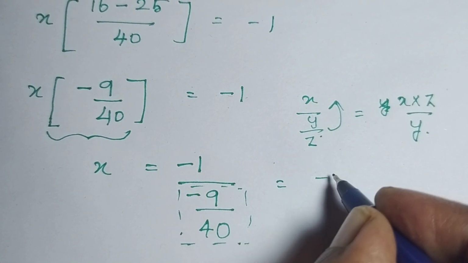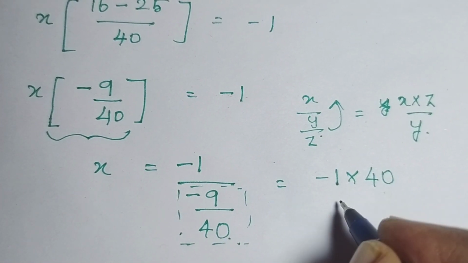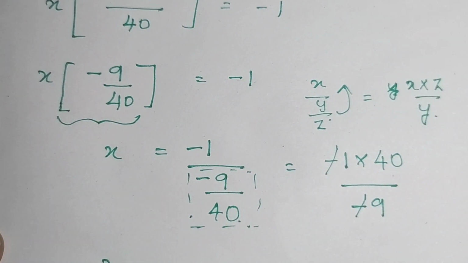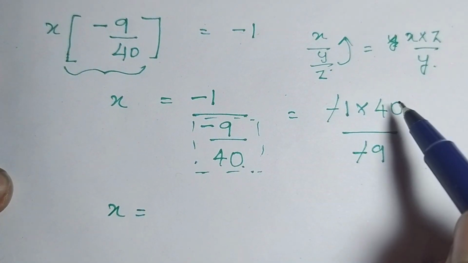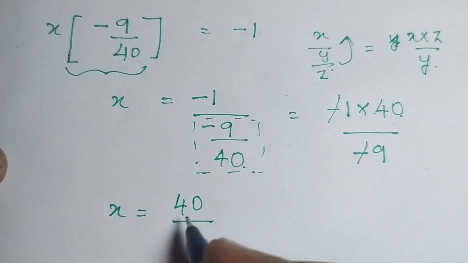Therefore, it is equal to minus 1 into 40 divided by minus 9. So this minus and minus get cancelled. Therefore, x is equal to 1 into 40, which is 40 divided by 9.